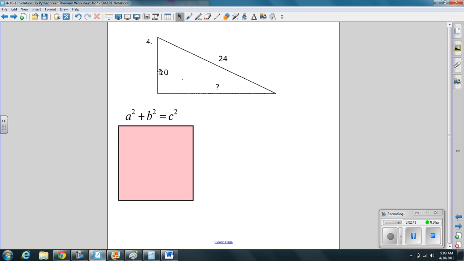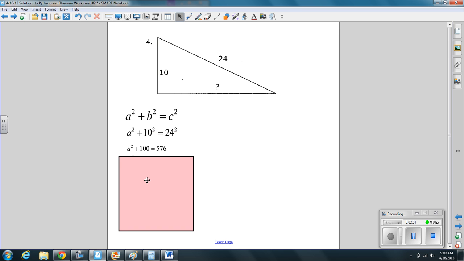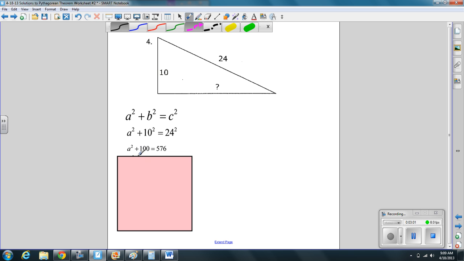Number 4, again, we know a leg, we're missing the other leg, and we know the hypotenuse. So we have a squared plus 10 squared is 24 squared. A squared plus 100 equals 576. Subtract 100 to both sides. Here you are.